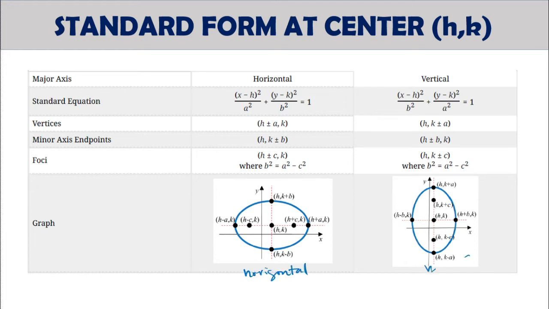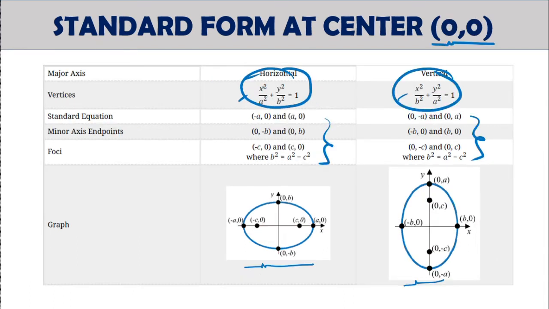Tapos, ito naman is vertical. Paano natin nasasabi na horizontal to? Because, makikita natin yung major axis niya. Horizontal, tapos yung major axis niya is vertical. So, this is the standard equation niya.